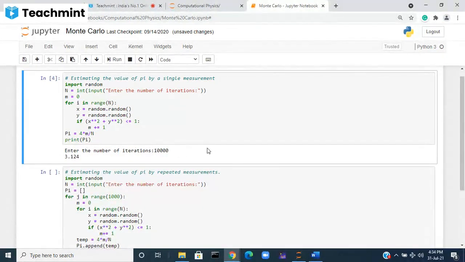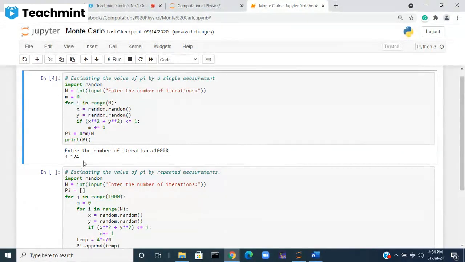I expect to get better results. So we get 3.124. This is a reasonable estimate, but not a very good estimate.